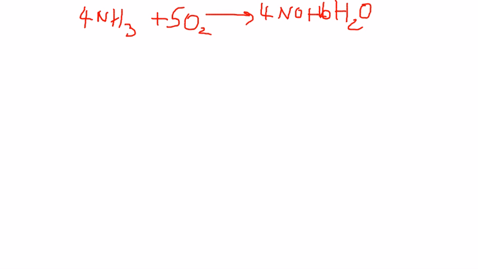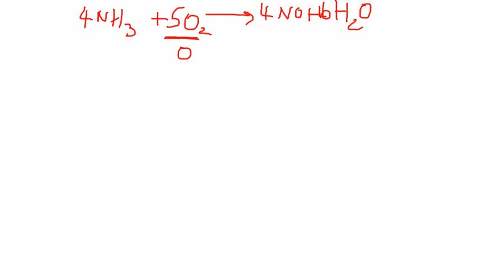Next, I have this reaction. 4 ammonia plus 5 oxygen gives you 4 NO plus 6 water, and the standard enthalpies of formation are provided to you. Realize for an element it's going to be 0, so even if that number is not given to you in a test, you should know that for a pure element that number will be 0.